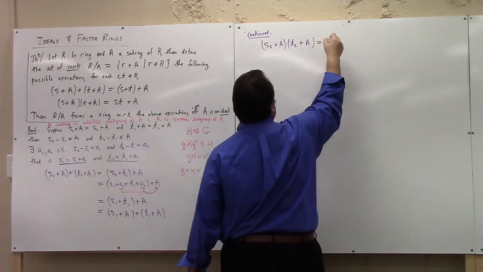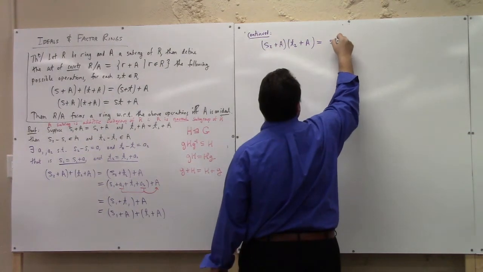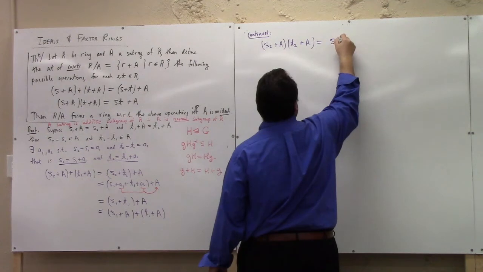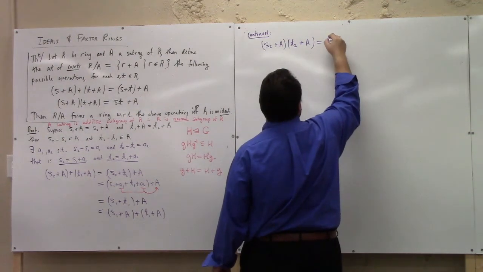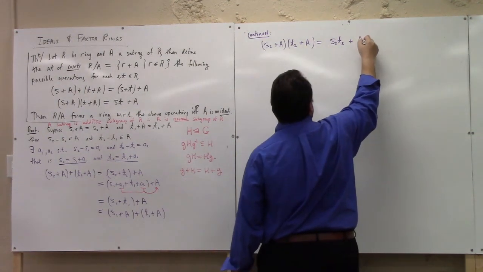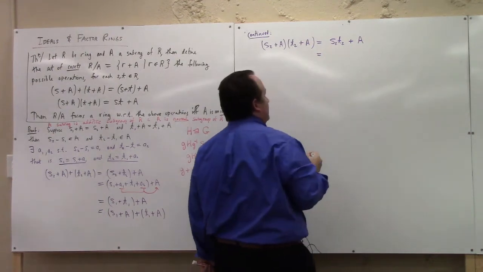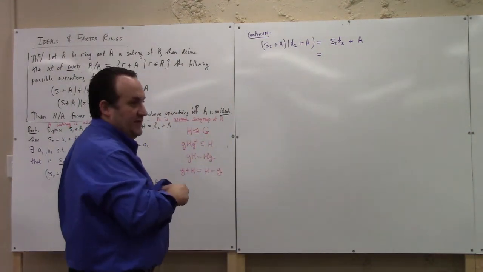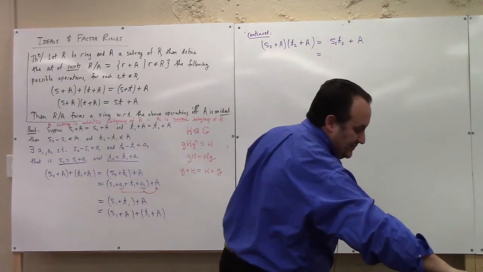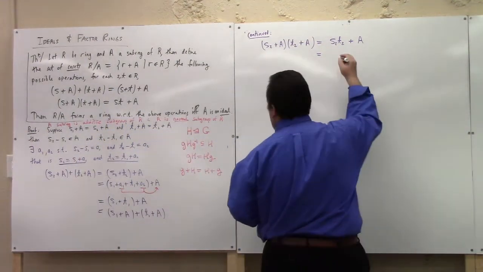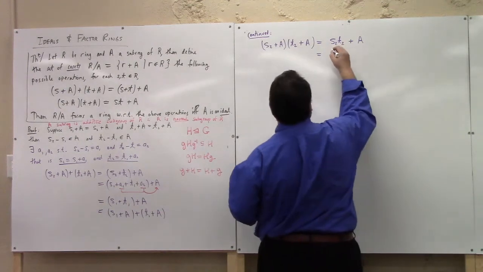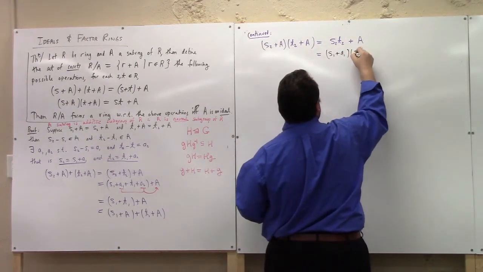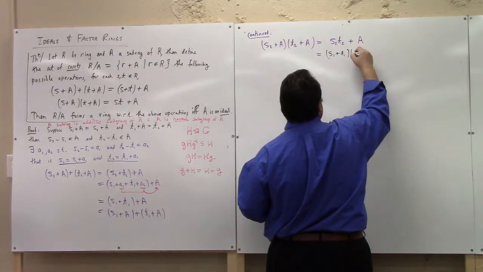So this is, by definition, S2 T2. Sounds like it could have been a robot in Star Wars, but missed out. S2, T2. And then I'll just remember what we had. We can trade S2 for S1 plus A1, and T2 is T1 plus A2.